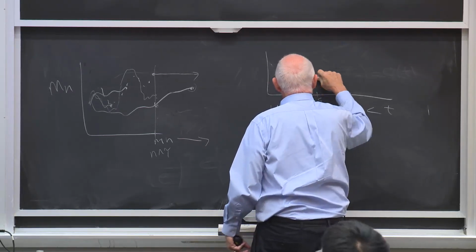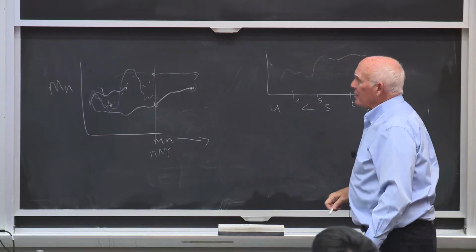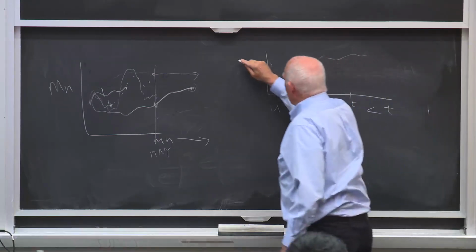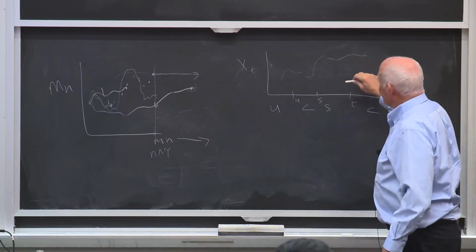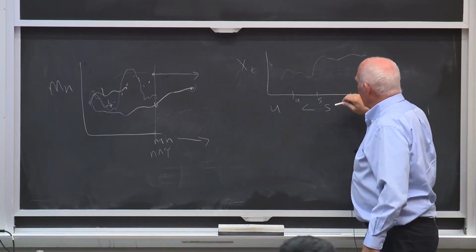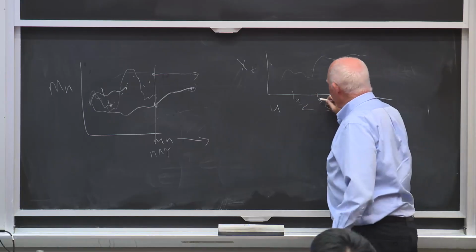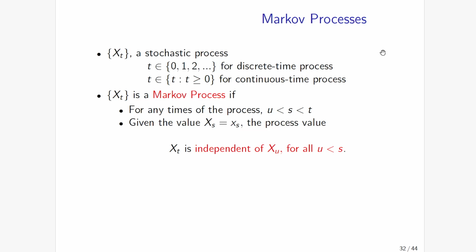If we imagine realizations of a stochastic process and we are interested in the value of X_t, the value of X_t given information at time s and before will be independent of all of the times before.